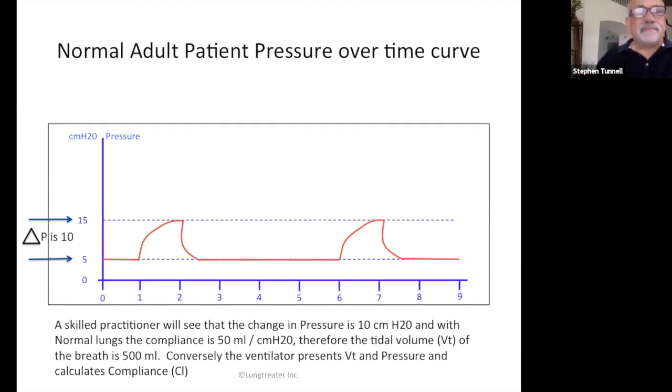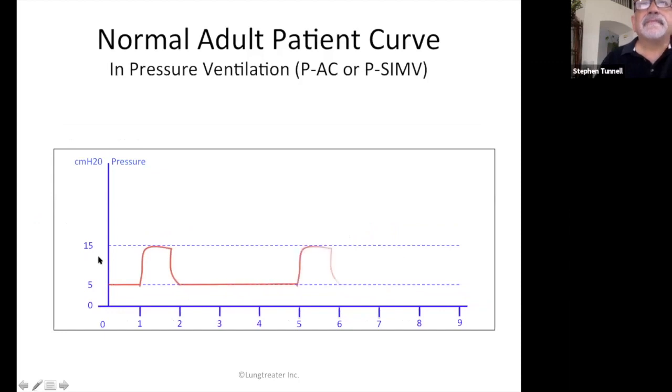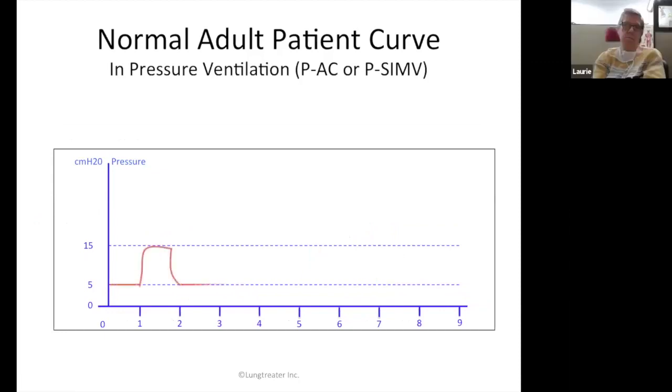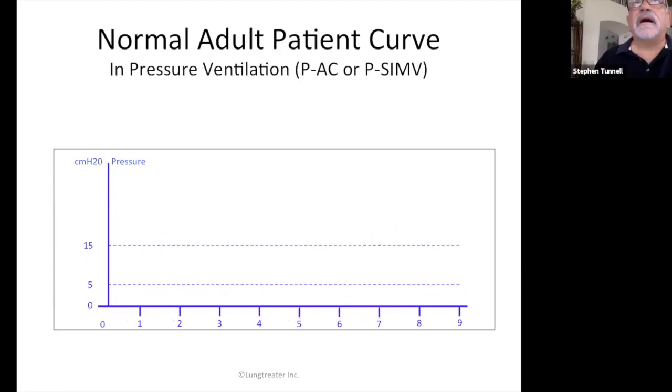So as a person is mechanically ventilated, we increase the pressure or the flow, air goes in, and the pressure in the lung goes up and then goes down. Different modes of ventilation exist, but this is an example of a pressure-based breath.